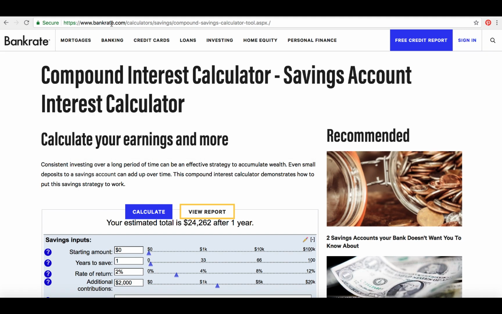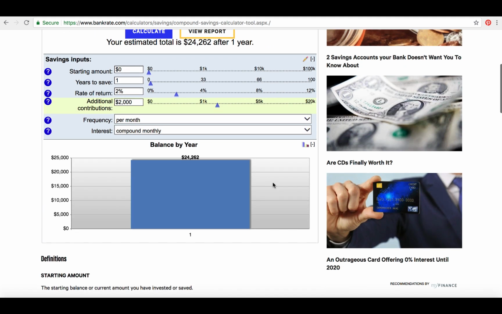I'm just using a bankrate.com calculator, and I plugged in all of the information. Of course, the starting amount would be 0 because on month 1, we're really thinking about doing it this way with a savings account, and years to save, you can't do this by month, so I'm just going to say 1 year, and additional contributions would be $2,000 per month, and all of these details are right here.